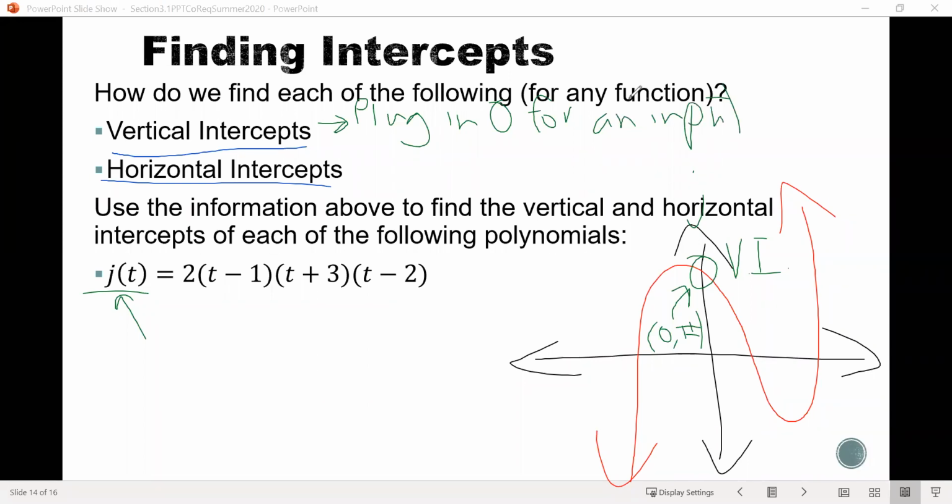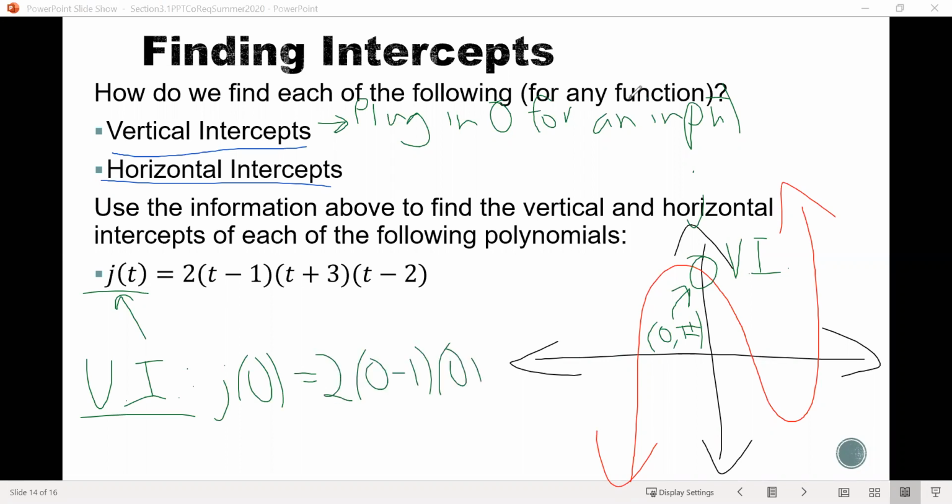As an example of that, in our function below, j of t, if we want to find the vertical intercept, we just plug in 0. So we do j of 0 equals 2 times 0 minus 1 times 0 plus 3 times 0 minus 2, which gives us 2 times negative 1 times 3 times negative 2.